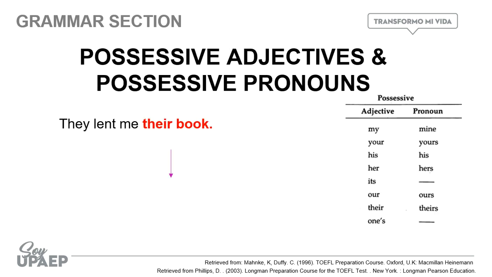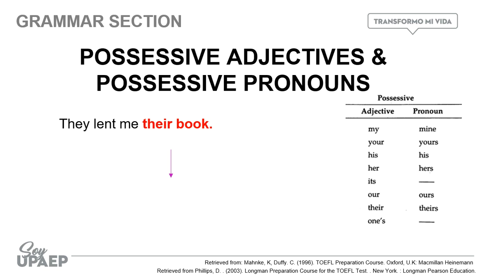Let's continue with possessive adjectives and possessive pronouns. If you notice, you have: they lent me their book. They is the subject, me is one of the objects, and their book is another object. And if you notice, you have possession, their book. That's why they are using a possessive adjective, their.